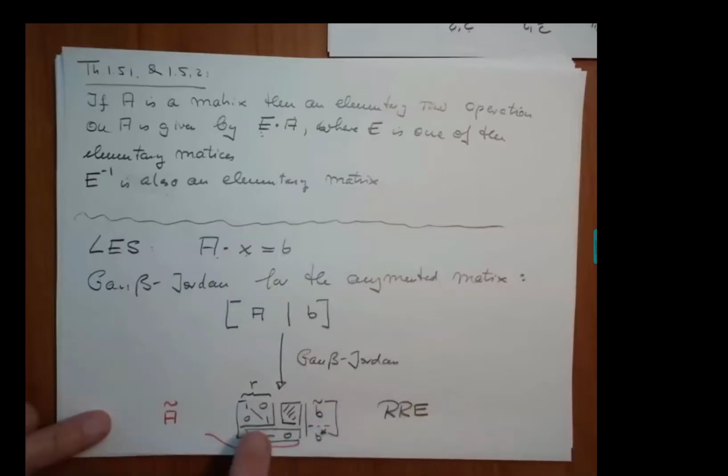So there are a bunch of leading ones. There's sometimes a block here. If the leading ones don't go all the way to the end, there's some numbers which I don't know. On the bottom, we have the zeros. And on the right-hand side, we have our modified right-hand side. Is this okay to everyone?